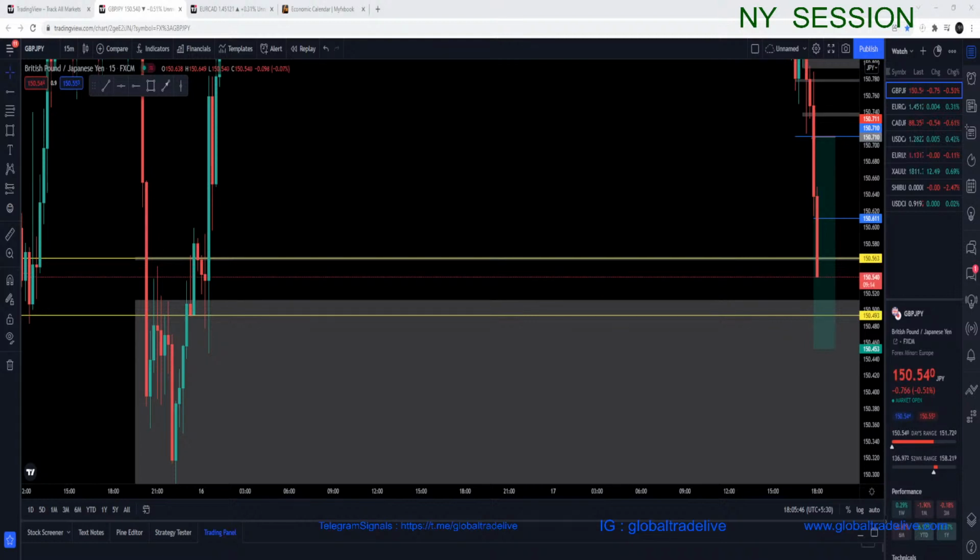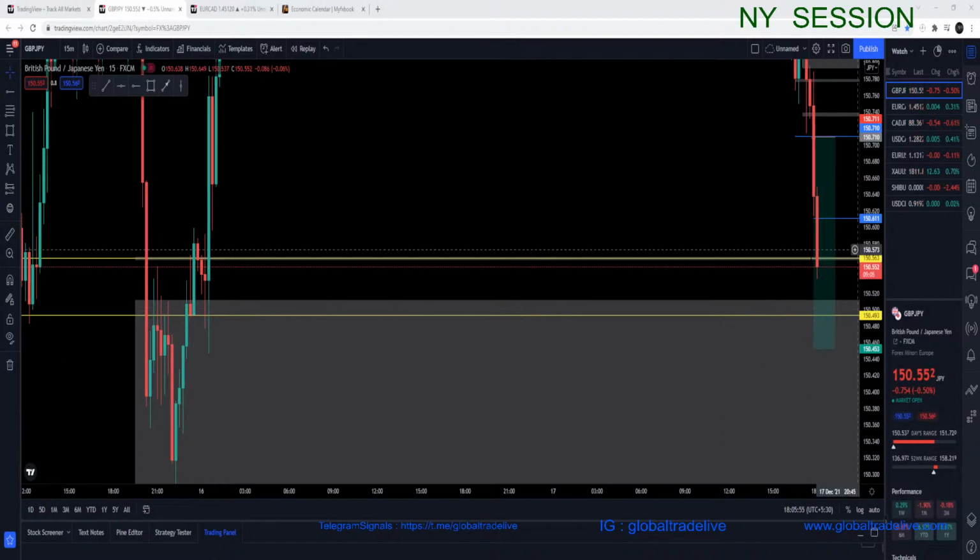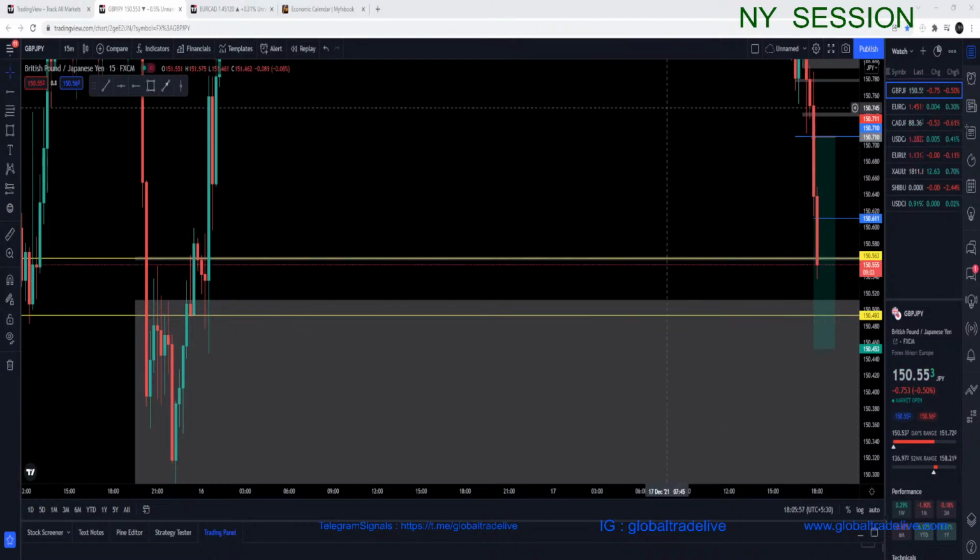Fifteen pips is coming up right now. 9 minutes left for the current 15-minute candle to close.